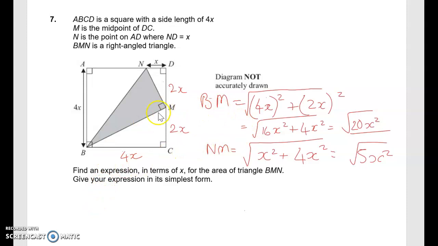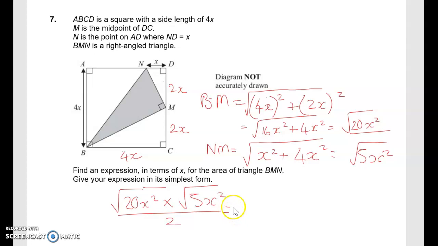So we're doing the length BM, which is the square root of 20x squared. And we're multiplying it by the height, which is square root of 5x squared, and then we're halving it, dividing it by 2.